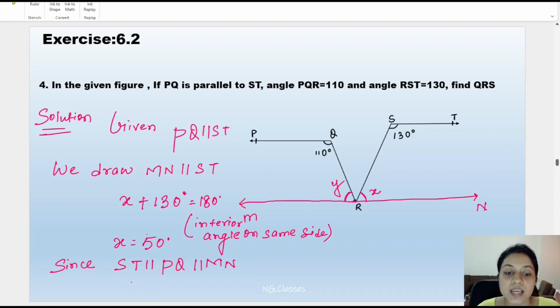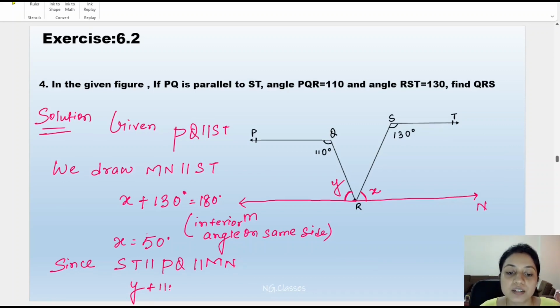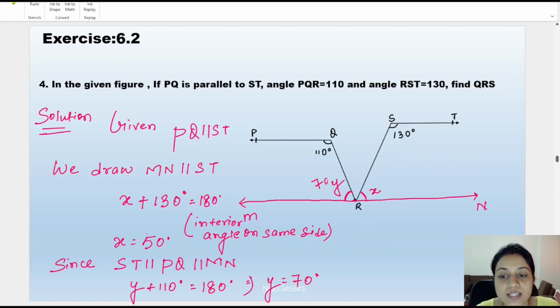So we can say angle Y plus 110 degrees is equal to 180 degrees, right? From here we will get the value of angle Y, that means 70 degrees. So we got the value of Y as 70 degrees and the value of X as 50 degrees. Now we have to find angle QRS. Alright, angle QRS means this green angle, this one.